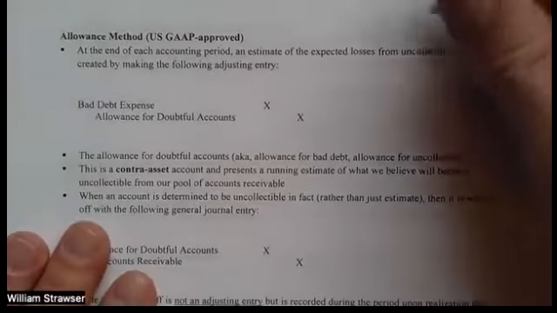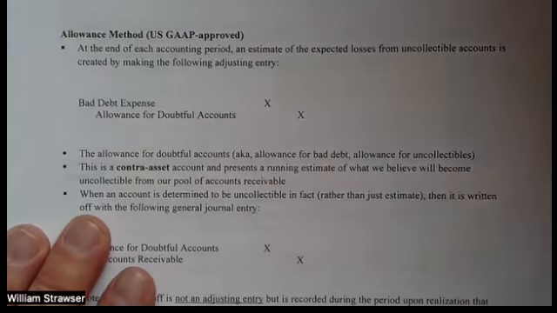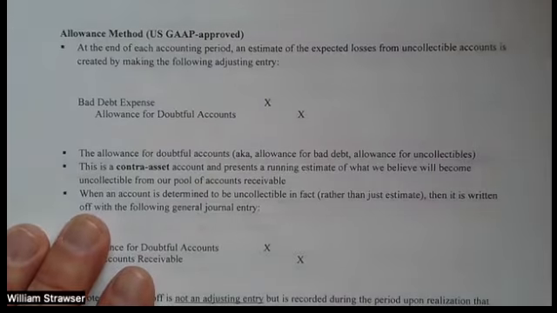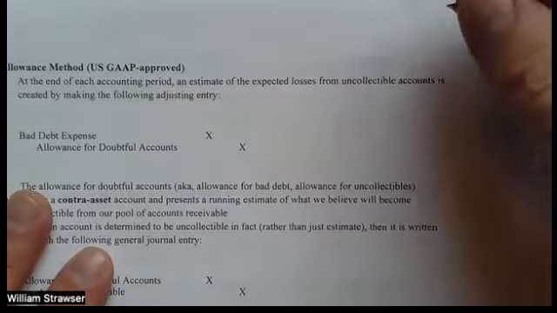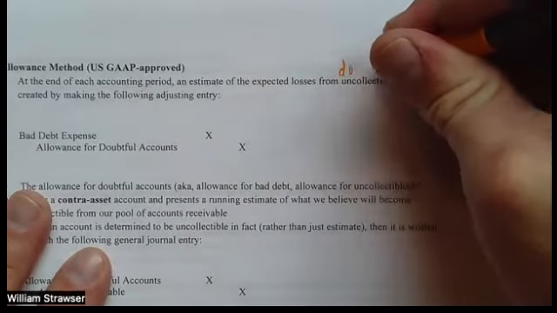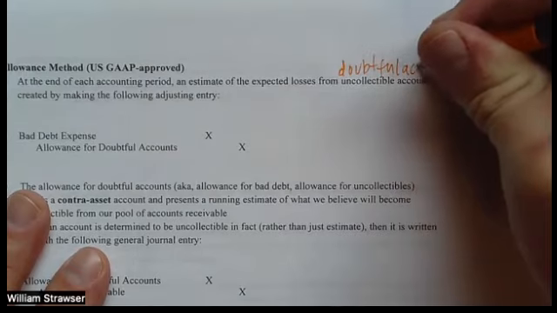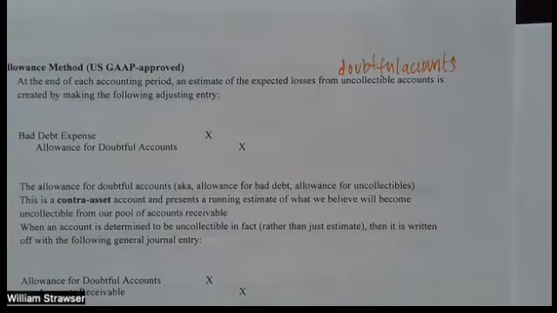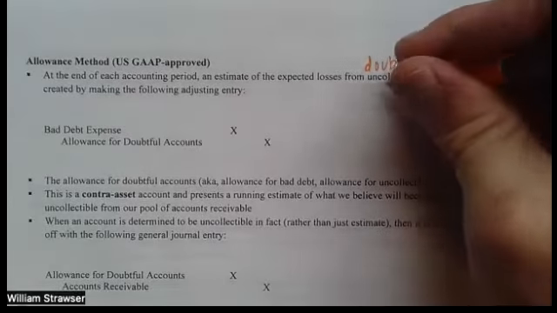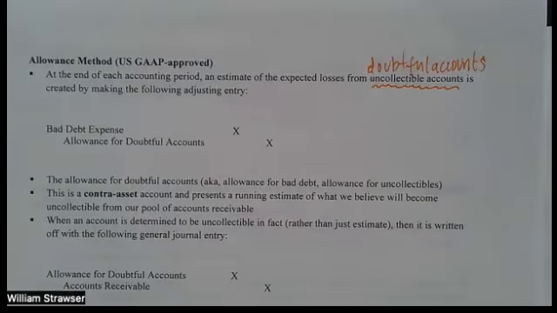So we have to estimate our bad debts, the people that have purchased on credit that we do not believe are going to be able to pay us back. These are our uncollectible accounts. Sometimes they're called doubtful accounts. Either terminology refers to the same thing. Basically, someone who is going to be unable to pay us back, it's a bad debt.